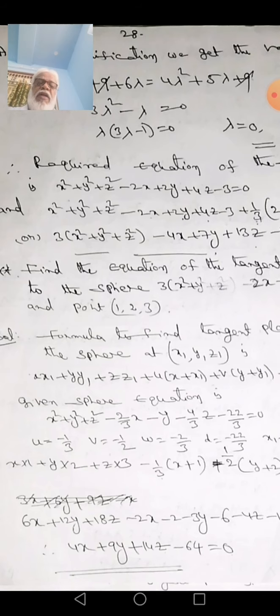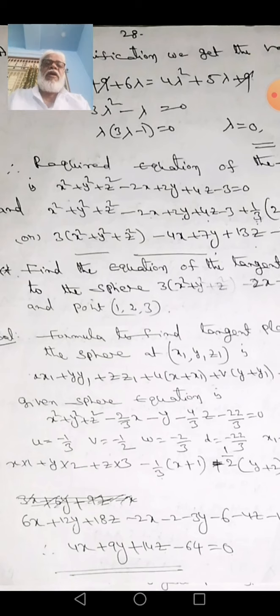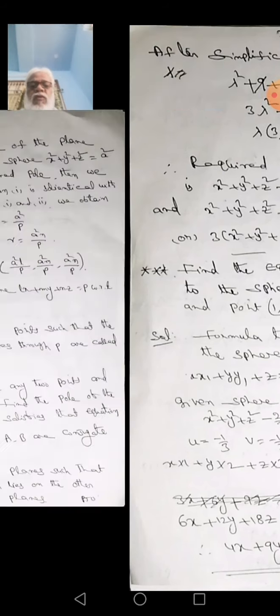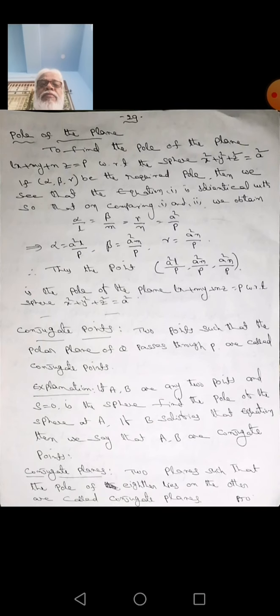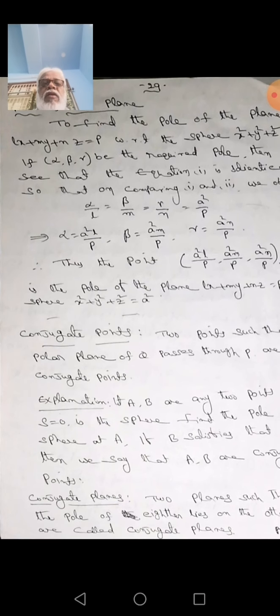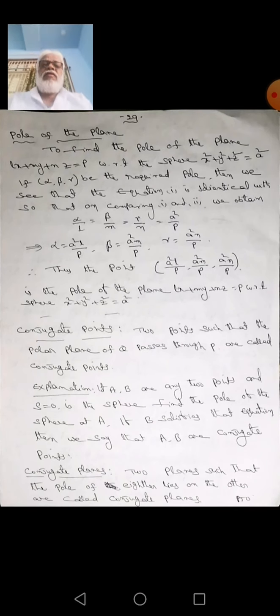But here the point of contact is given and the sphere is given, so we can find the equation of the tangent plane. If the tangent plane and sphere are given, we can find the point of contact also. Yes, this is an important thing. Pole of the plane. What is pole?